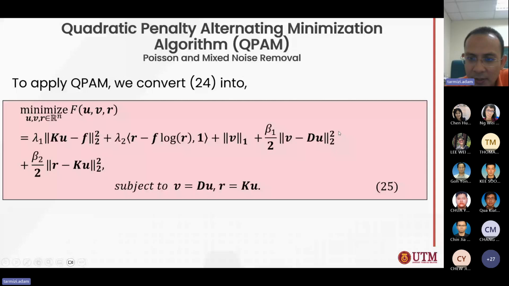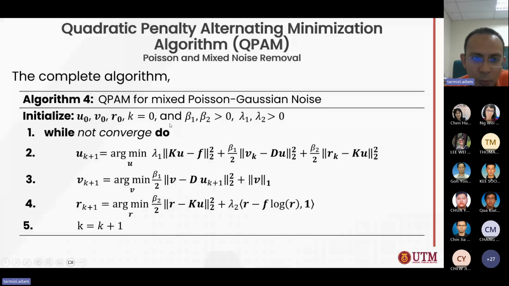You can see we have two quadratic penalty terms for the two variables that we add over here. And this is the overall QPAM algorithm for the mixed Poisson-Gaussian noise.